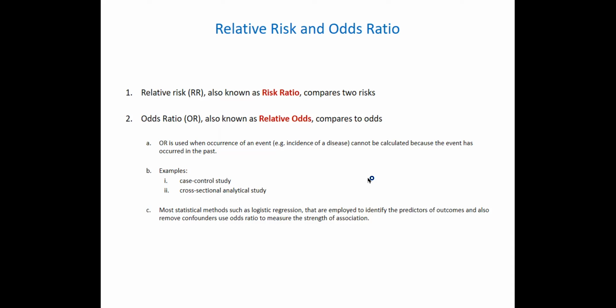If you want to compare, you divide, because you suspect that smoking may be causing lung cancer. So it makes sense to put the one calculated for smokers as the numerator and the one for non-smokers as the denominator, so that you know how many times bigger it is. You are looking at the risk among the exposed relative to the risk among the non-exposed. That is where the word relative comes in.